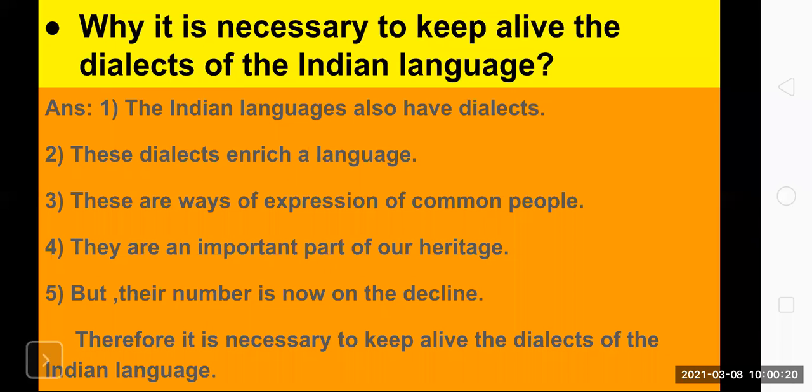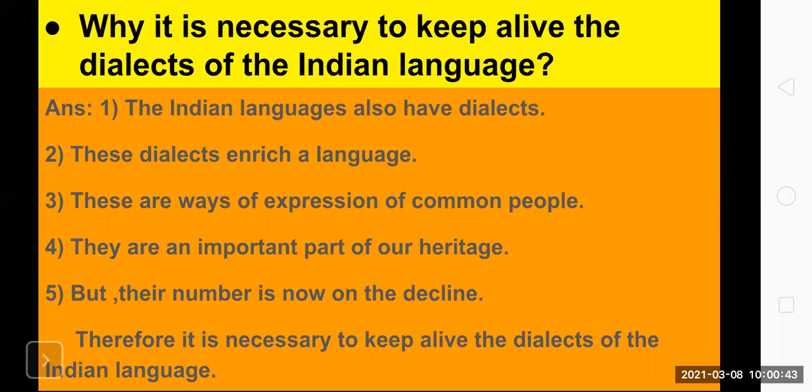So these dialects enrich the language. These are ways of expression for common people, because after every 5 kilometers the language changes as per the region. So it is very common, and for every word there is a different expression.